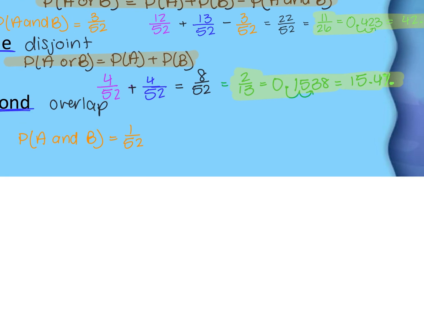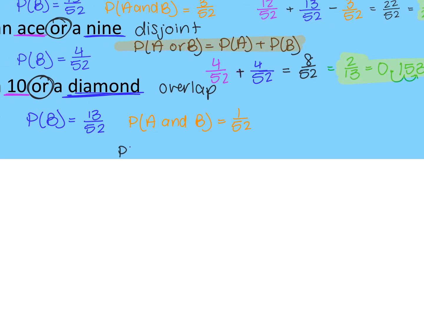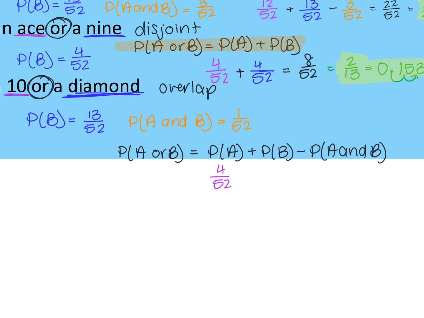So, writing the formula that I'm using for this one, I'm going to have the probability of A or B equals the probability of A plus the probability of B minus my overlap. So, plugging in what I have, I'm going to have 4 over 52 plus 13 over 52, and then I'm subtracting 1 over 52.